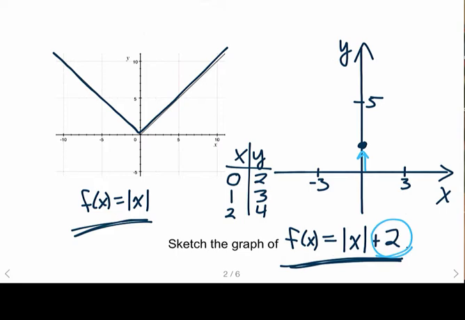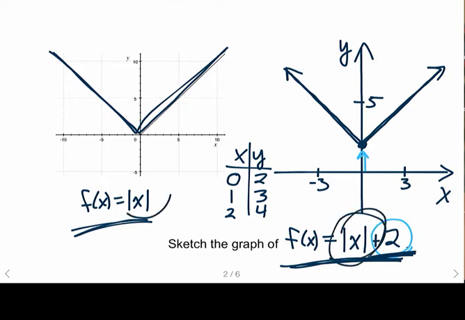And so what I can actually do is just draw the absolute value shape that I know, but it's been raised up 2 units. And this is what we call a translation. The original graph has been translated up 2 units due to adding 2 to what had previously been the output.